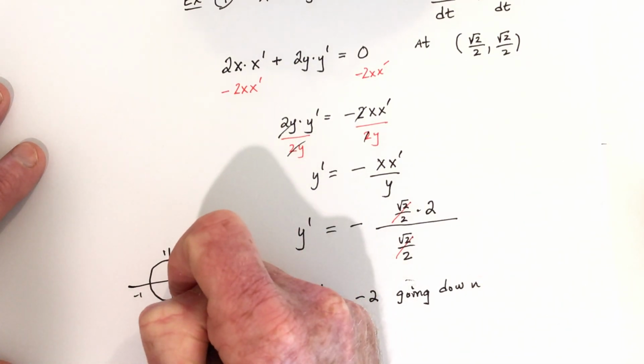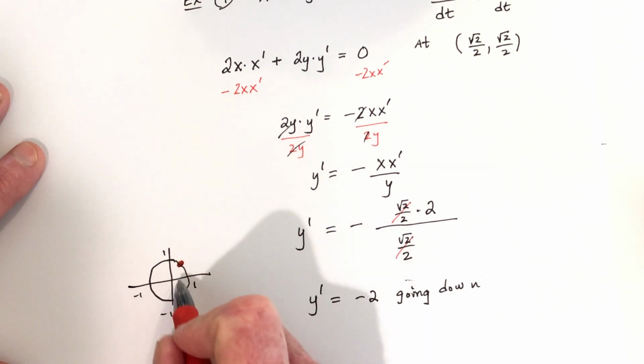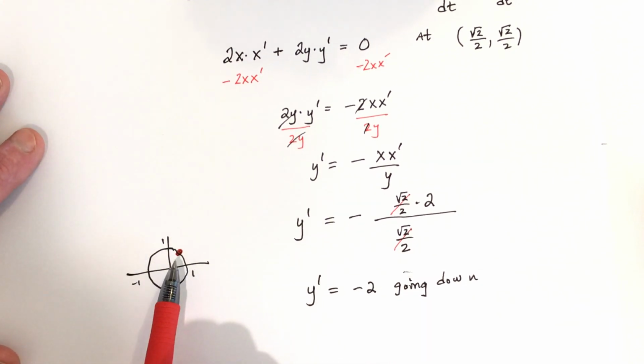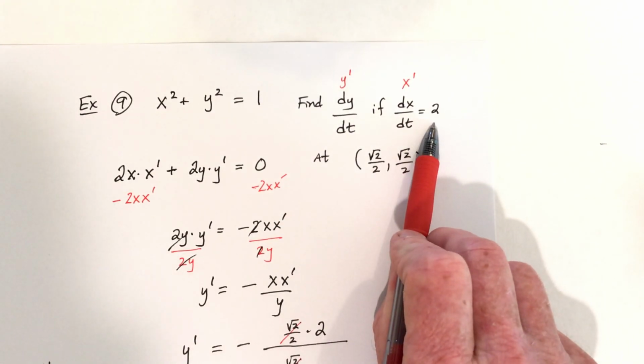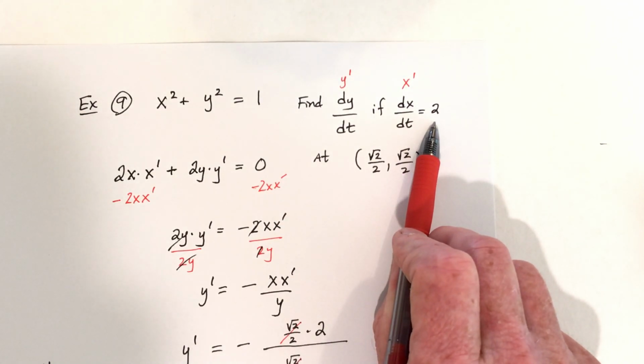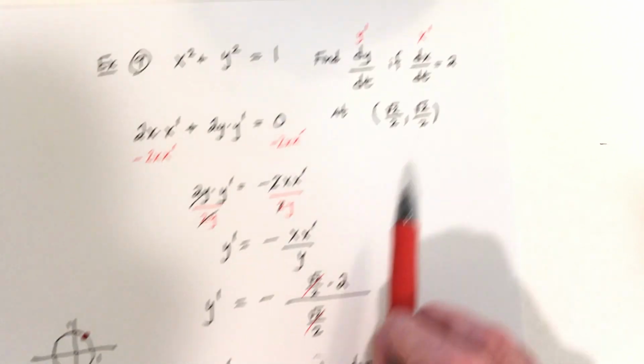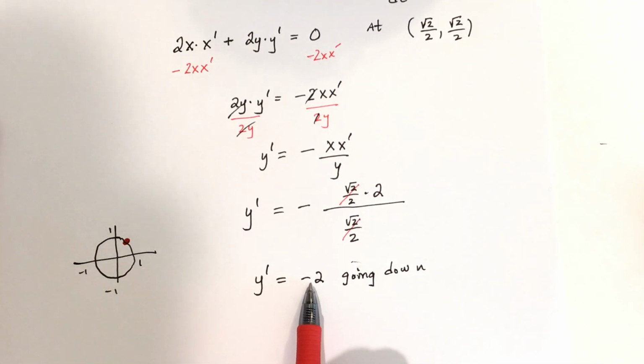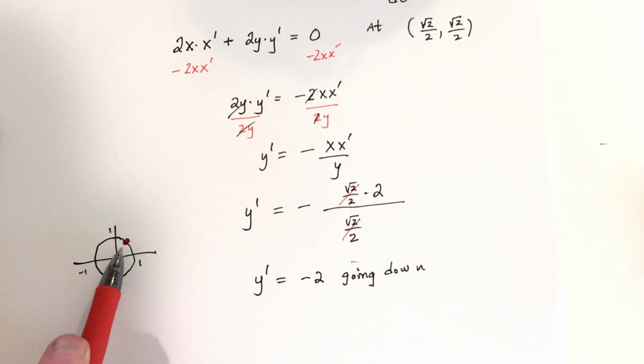that means that an object is going around the circle, and when it gets to this point, this is the x direction and it's positive, so that means it's going to the right, and this is negative, so it's going down. So if the point is right here and it's going to the right and down, that means it's going this direction.